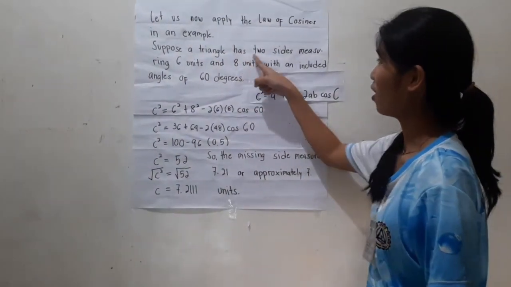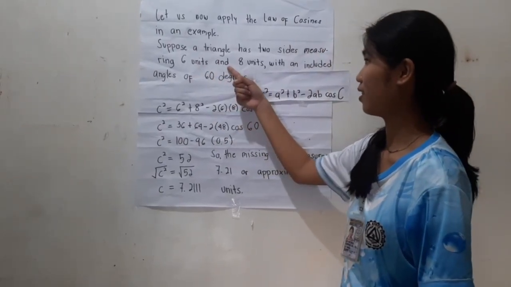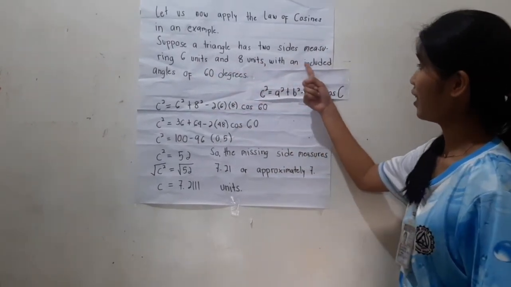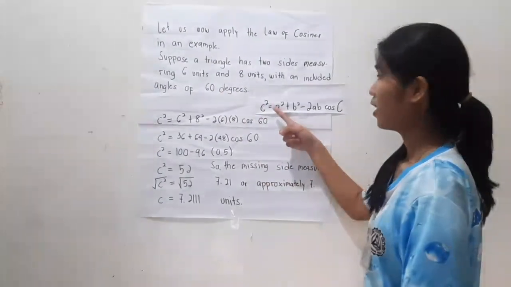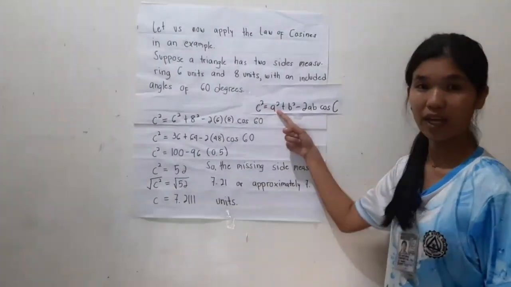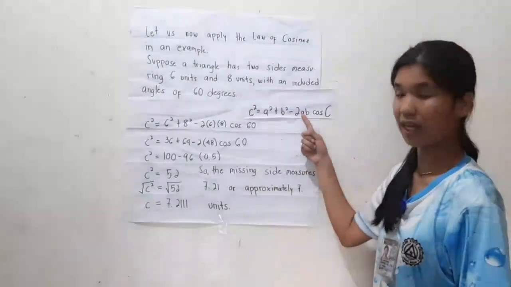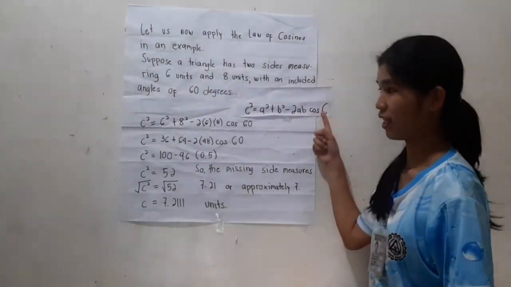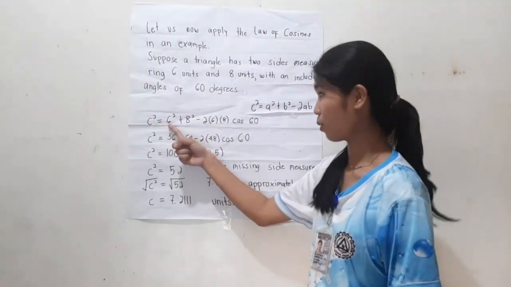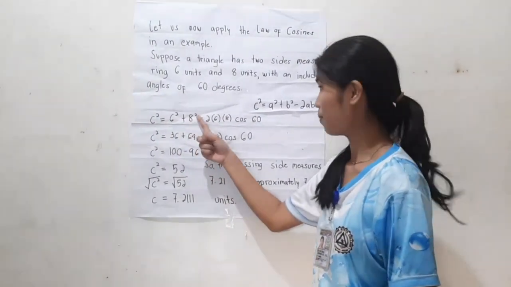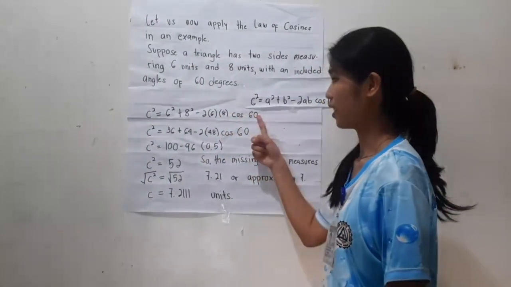Suppose a triangle has two sides measuring 6 units and 8 units with an included angle of 60 degrees. Since we use c squared is equal to a squared plus b squared minus 2ab cos C, then we have now c squared is equal to 6 squared plus 8 squared minus 2 times 6 times 8 cos 60.